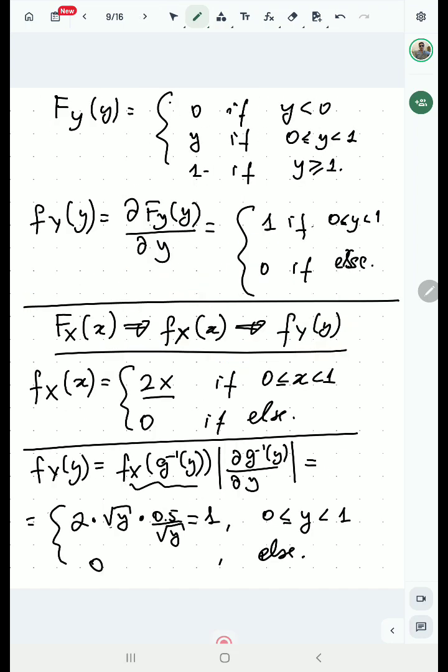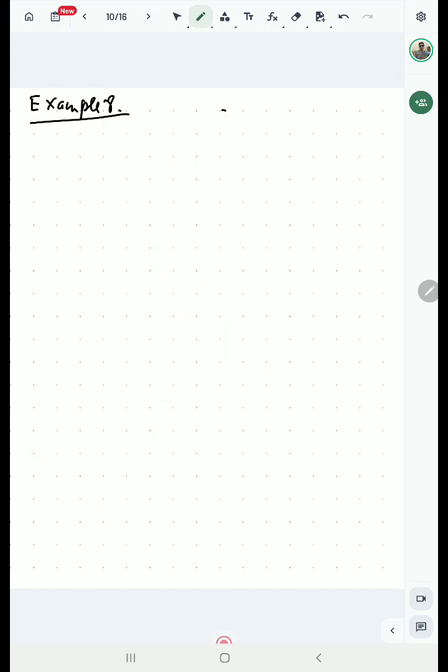So for that, we know that when you have a discrete random variable, then expectation of x is nothing but each value of the random variable x times the probability that random variable x takes that specific value. So for this, we have to find the probability mass function.